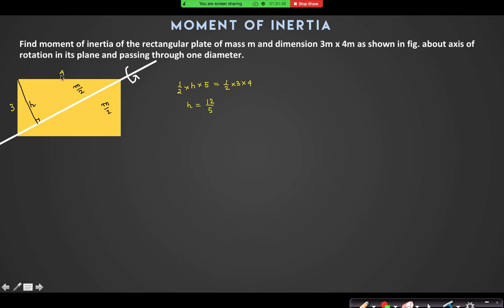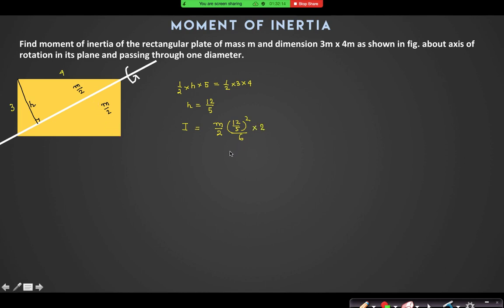So can you tell me what is the moment of inertia of this upper triangular plate about this axis? m a square by 6, which means m by 2 into h square by 6. And for the lower part it is the same or not?